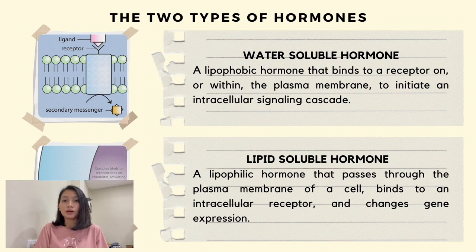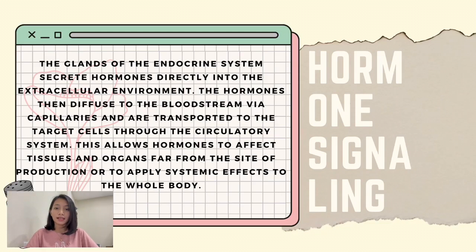Upon binding by the hormone, the receptor undergoes a conformational change, and the receptor together with the bound hormone influences transcription, either alone or in association with other transcription factors. Lipid-soluble hormones include testosterone, estrogens, progesterone, aldosterone, and cortisol.